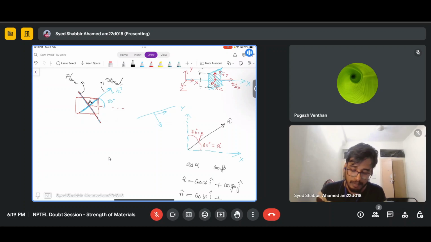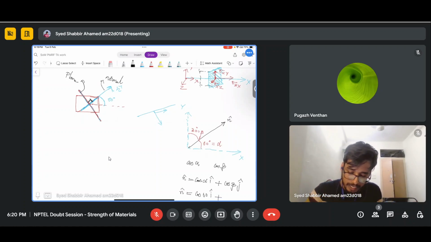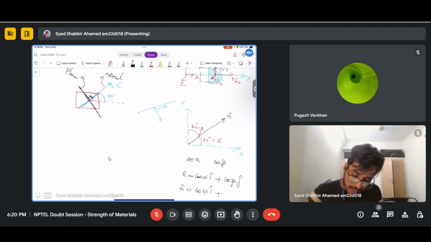Plane and normal are perpendicular. From this I have to find the stresses on this plane.